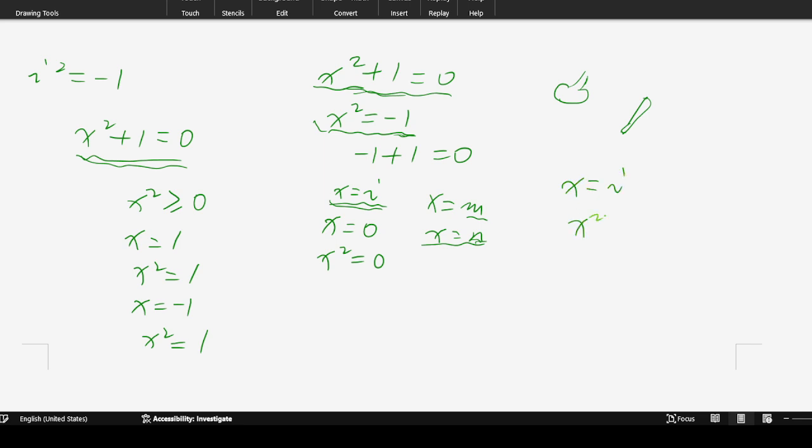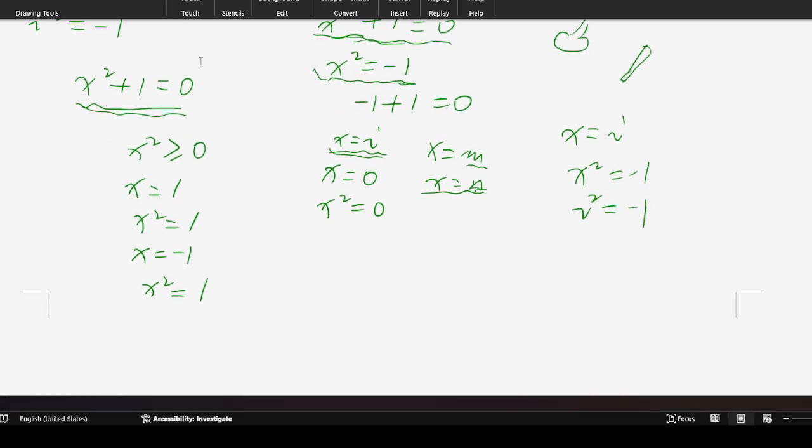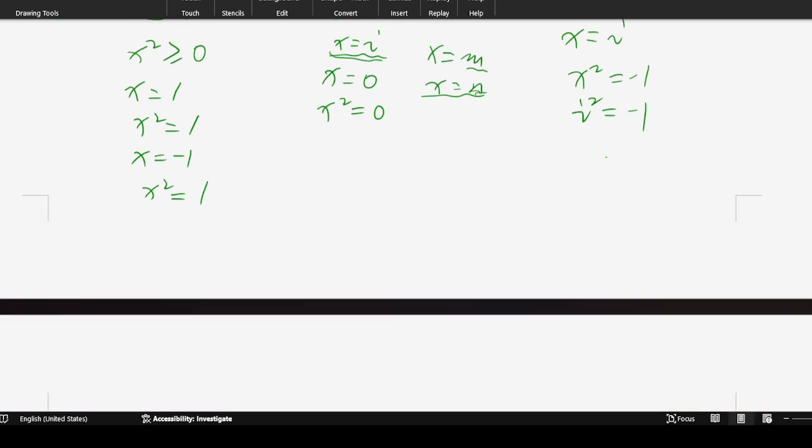So x squared equals -1, so i squared equals -1. Why did scientists make this definition? What use is it? Then scientists found this i squared equals -1 is super useful.